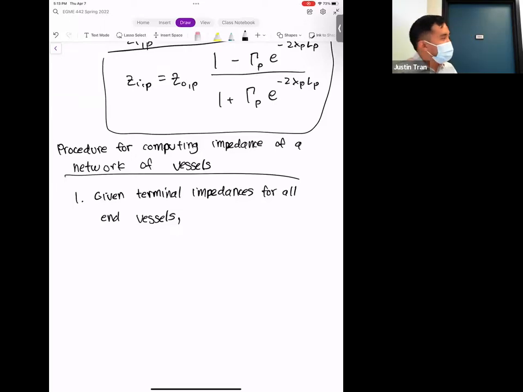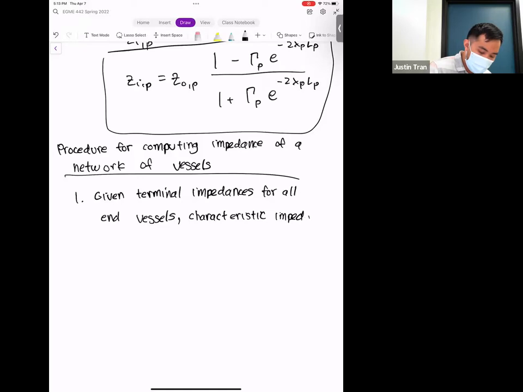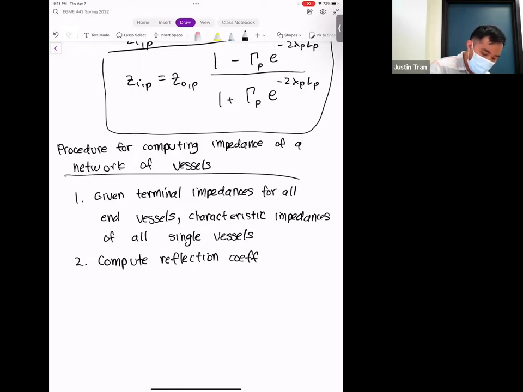You have to be given all those terminal impedances, and you have to be given the characteristic impedance of every single vessel. Step two is compute reflection coefficients for all n vessels.